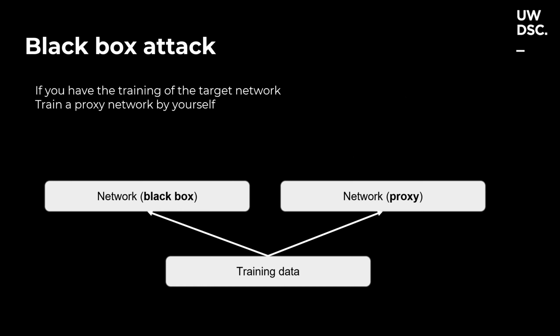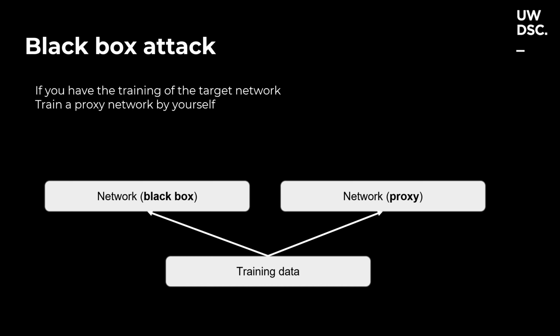If we have the training data, we can basically fit it to the black box network, by calling the API, for example, and getting the output image or output data. Then we can train a proxy network that mimics the behavior of the black box network.